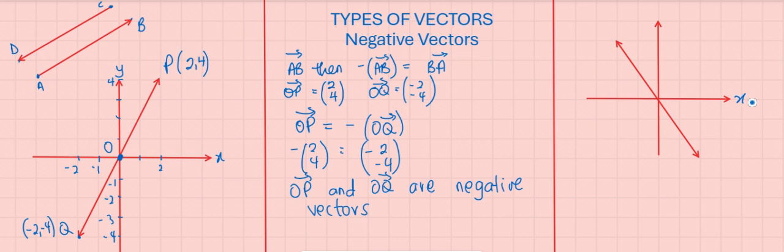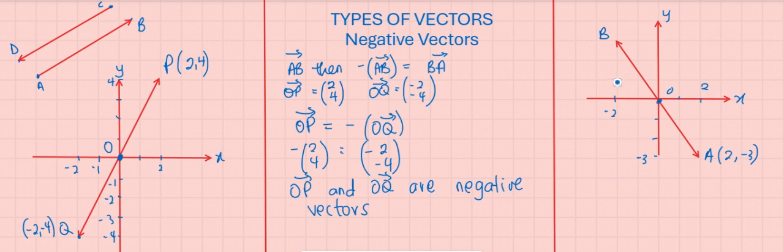What about these two over here? OA and OB. Now let's look at OA. OA has the coordinates 2 and negative 3. And what will OB have?